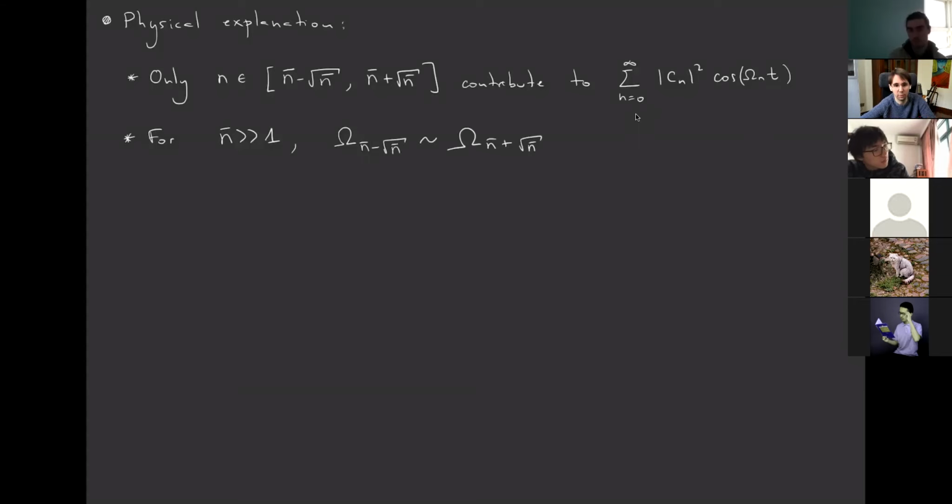Just imagine n average equal to 10 to the 4; then we are talking about a difference of 100, which is very small.